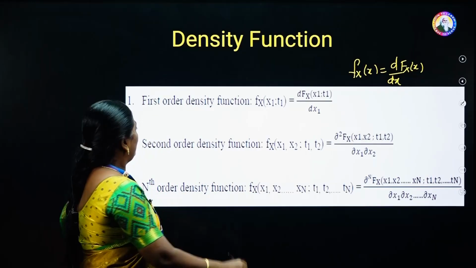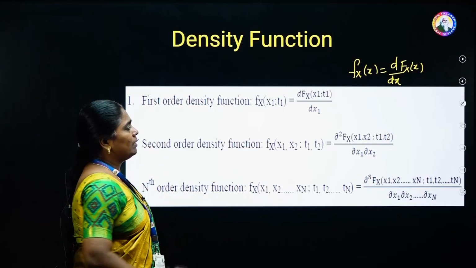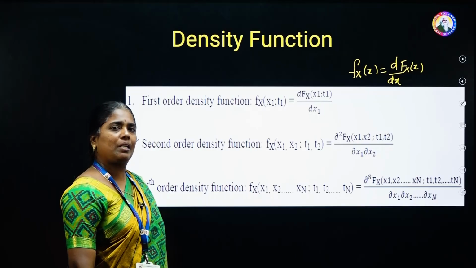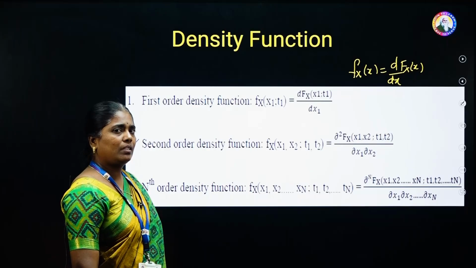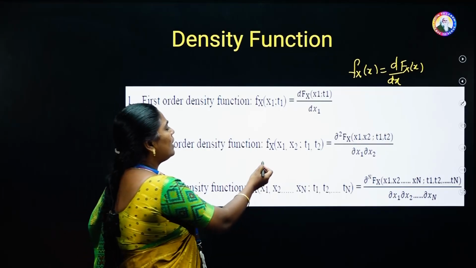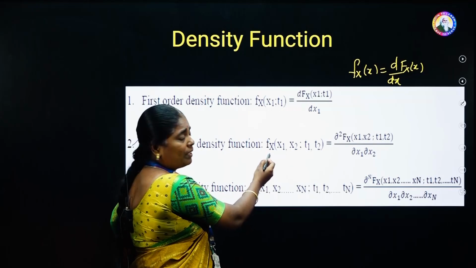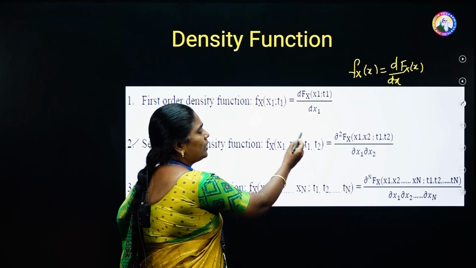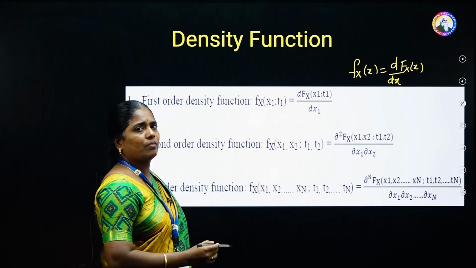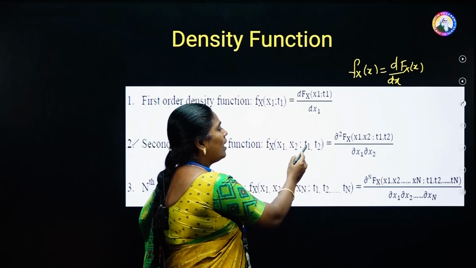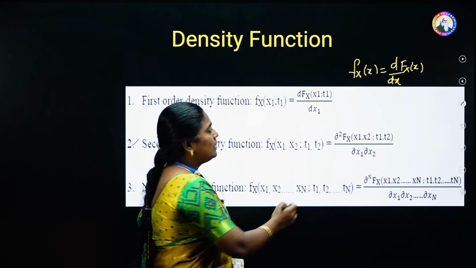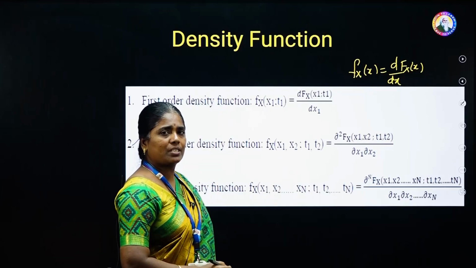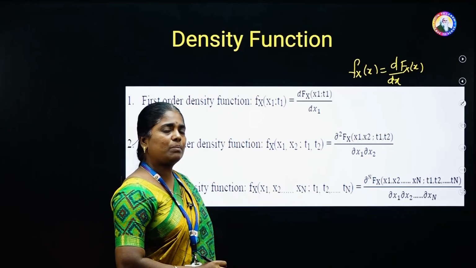Then coming to the second order density function. I am taking two random processes x of t1 comma x of t2. That's why here the second order density function is fx of x1 comma x2 semicolon t1 comma t2. At two different times we are taking, one random process at t1, the other at t2. That is equal to, since it is the second order density function, we have to do the derivation two times.